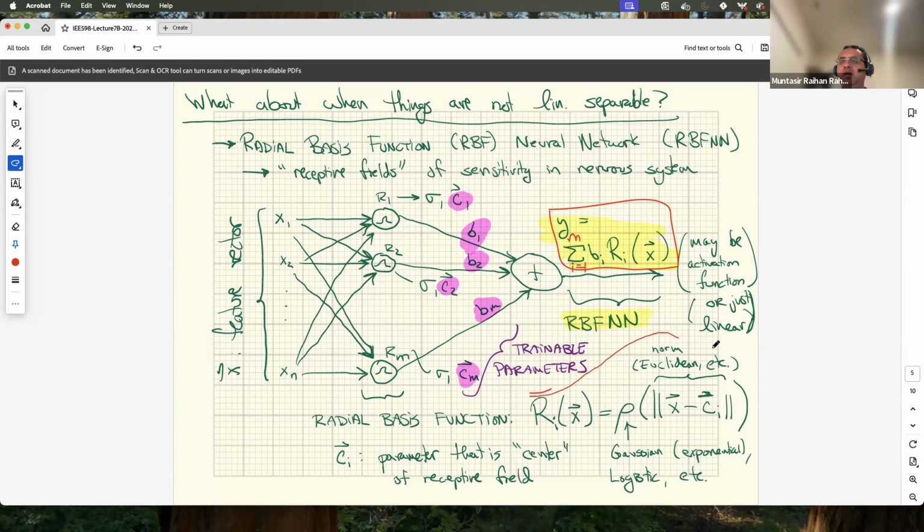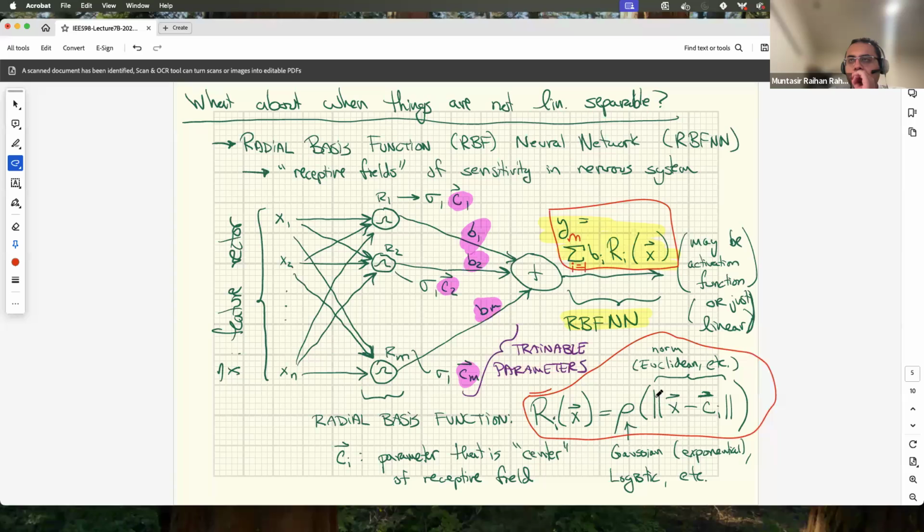So this gives a kind of structure of the radial basis function. The structure is basically that we have to find a center, and then we look at the distance of the input vector from a number of centers, right?